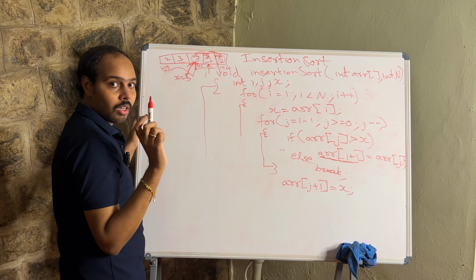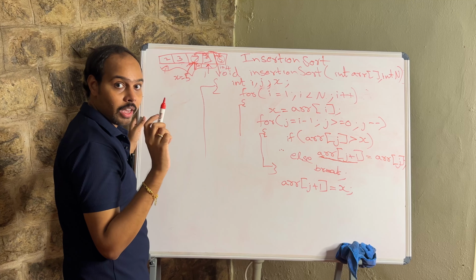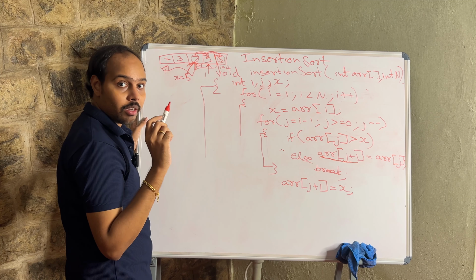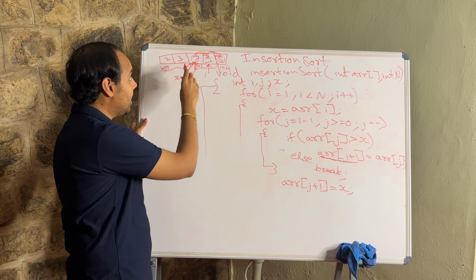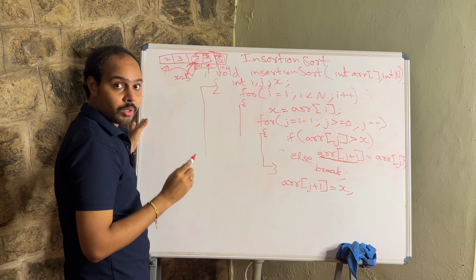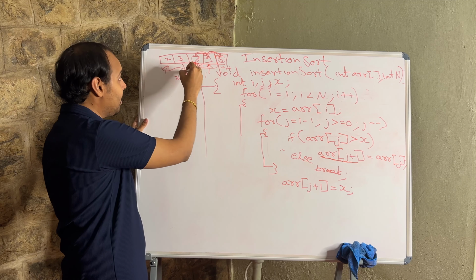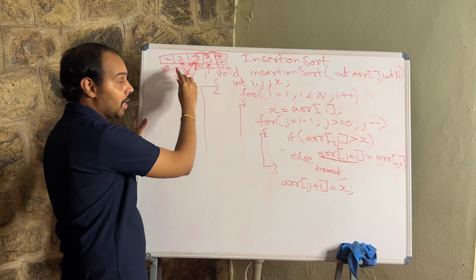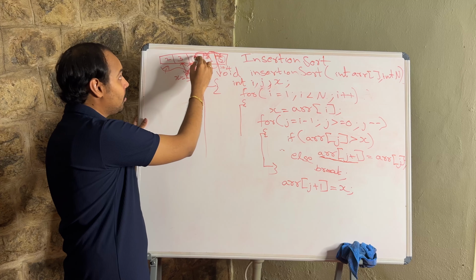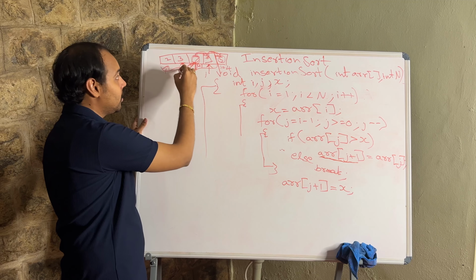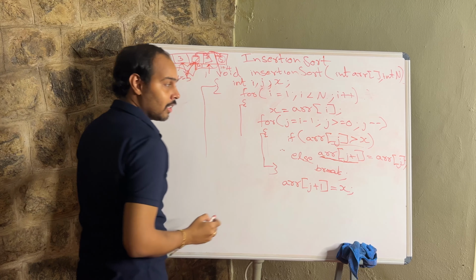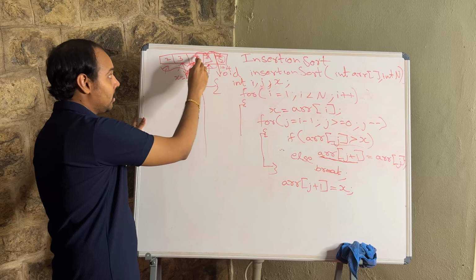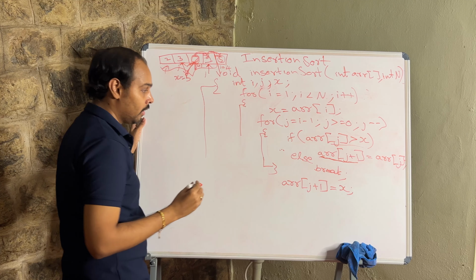So every time we are either overwriting in a position or we are inserting in a position that is next to the position that we are comparing. We are comparing 3 and 5, but we are inserting it in the position of 7. So this is j. The comparison is between j and x, but the insertion is in j plus 1.